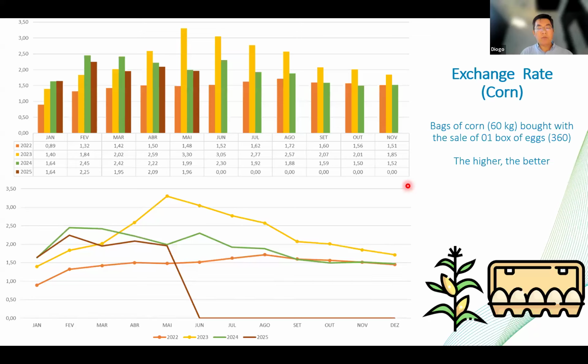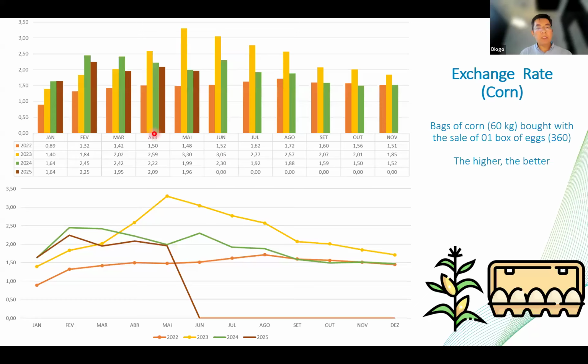What we see on the bars on the top is how many bags of corn, 60 kilos, we can buy after selling one box of eggs. It means that the higher the bar, the better, because we need to have the capacity to buy feed ingredients to feed our layers.